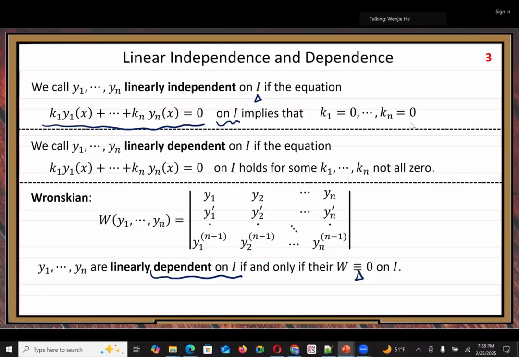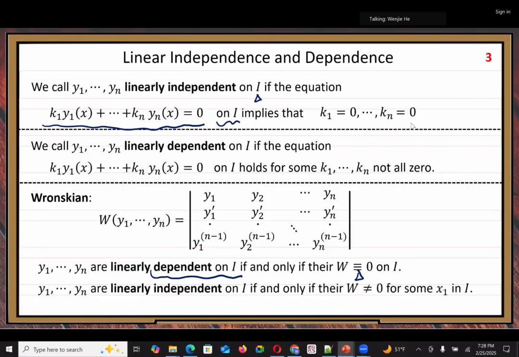Then let's look at the independent case. Linearly independent on I if and only if the Wronskian W is not equal to 0 for some point, only for one point. You only need one point, non-zero. That is true for one of the points in that open interval I. For linear dependence, you require all the points.